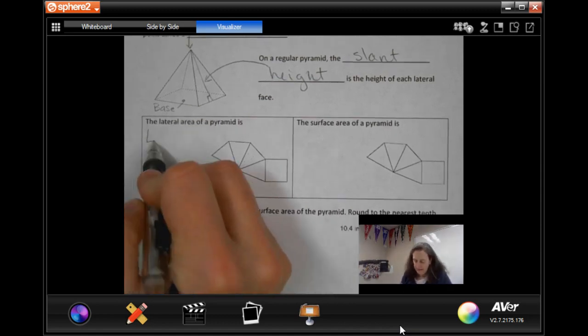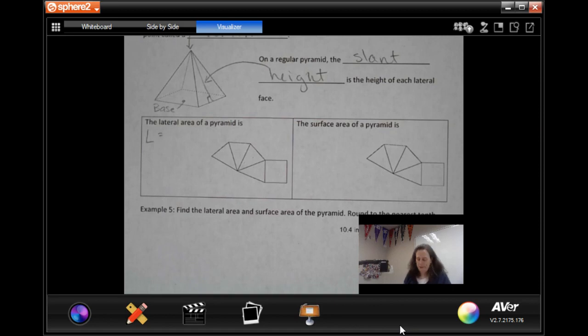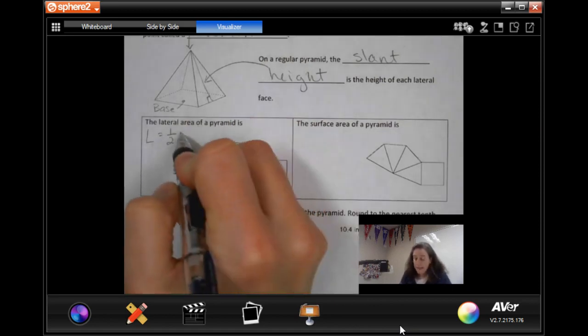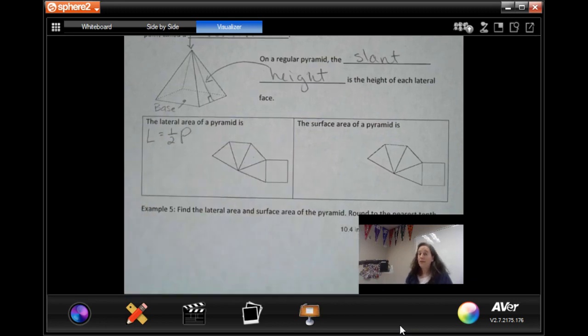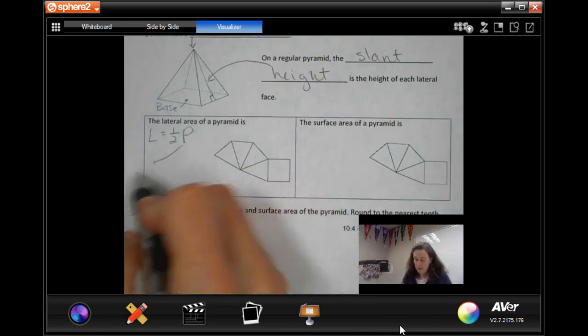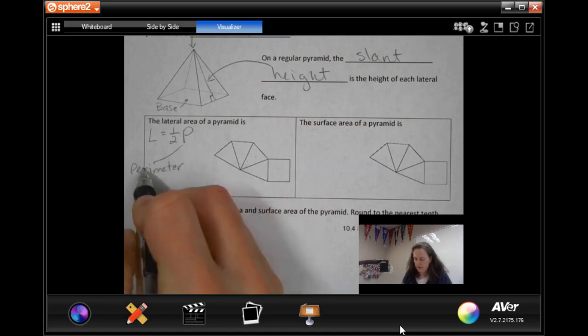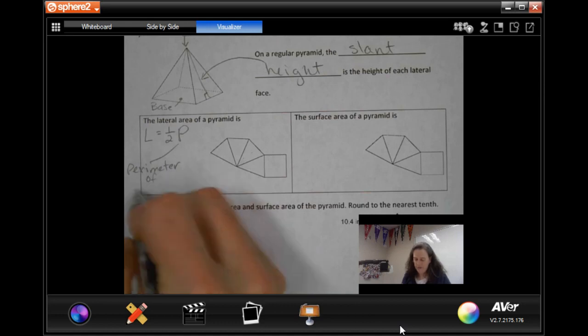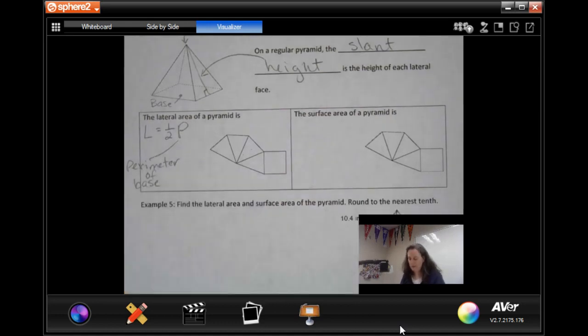The lateral area, remember that's that capital L, equals 1/2 the capital P, remember that one? Perimeter. When we talk about the perimeter, we're talking about the perimeter of the base, that square at the bottom or whatever the base is. It's not always going to be a square.